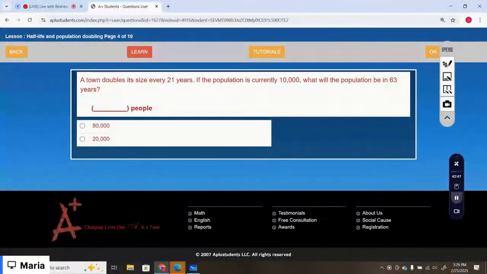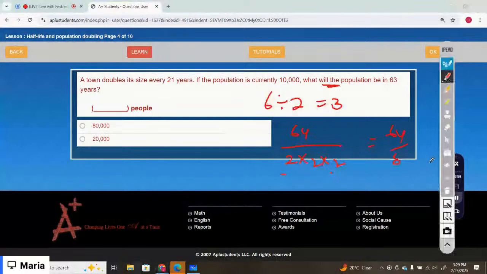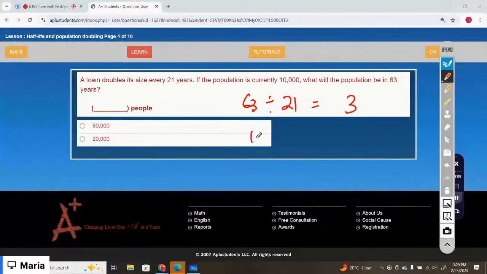A town doubles its size after every 21 years. If the population is currently 10,000, what will the population be in 63 years? Let's see how many doubles it will be in 63 years. That is 21 times 3. That means 3 times it will be doubled. So 10,000 times 2 times 2 times 2.